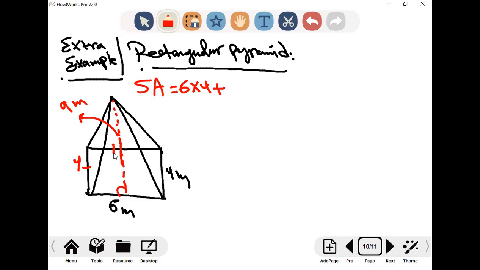So here 2 multiply one of them. The area of one of them, right? What's the area? Half multiply base 6, height 9. I'm done with the first pair with base 6, right?